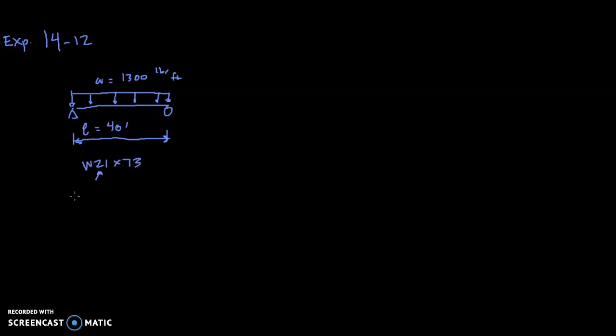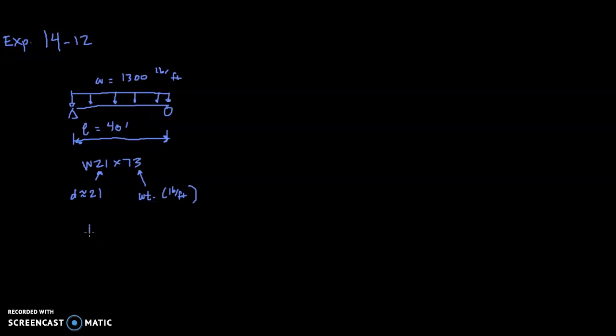So that means that the depth of the beam is approximately 21 inches. It's nominally 21. We'd have to look up the exact height in some type of a reference, like your appendix. And this is the weight in pounds per foot. So a W21 by 73 weighs 73 pounds for every linear foot.